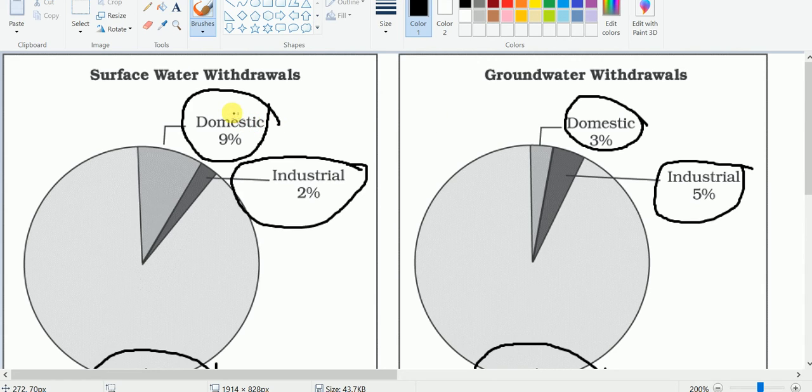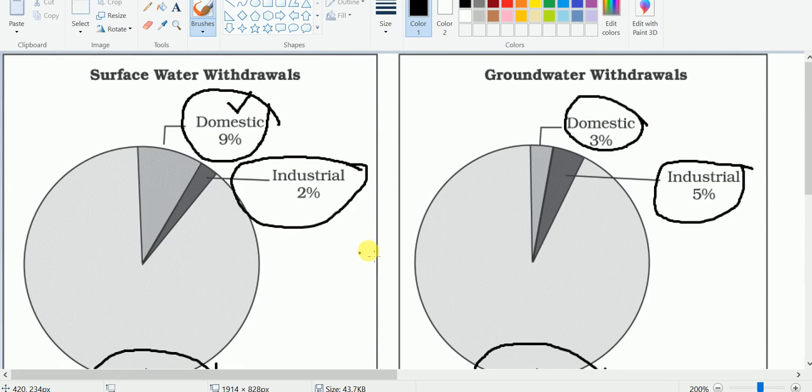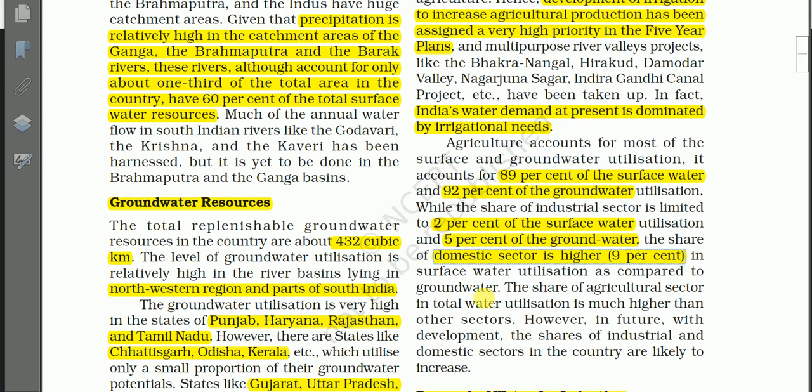That means surface water withdrawal is higher than groundwater withdrawal for domestic uses. So this is about the sectoral distribution of uses of groundwater and surface water.